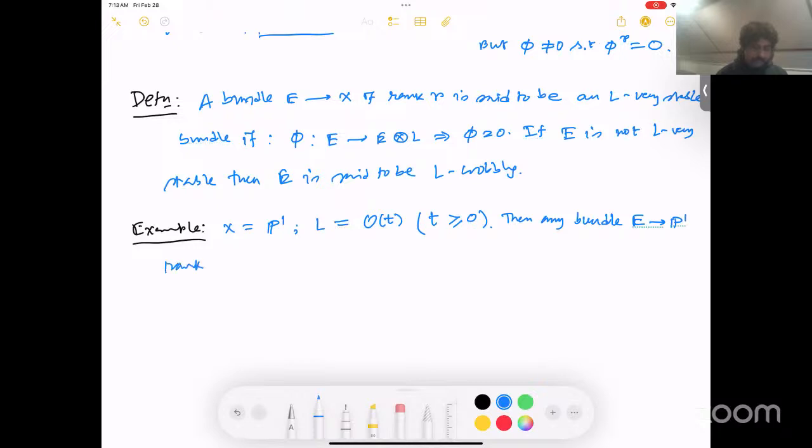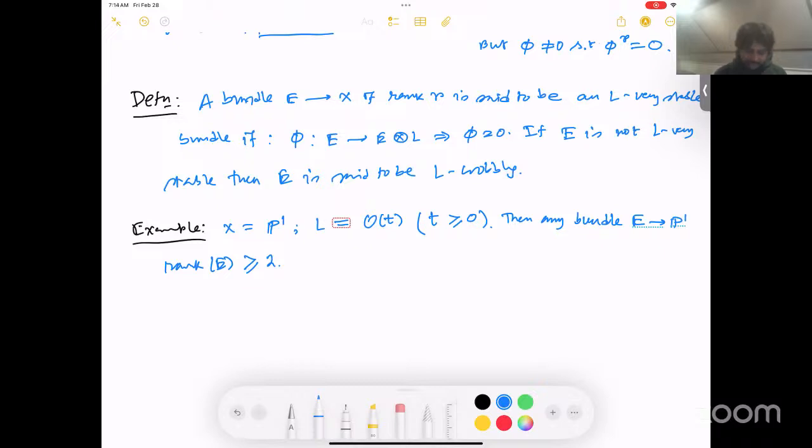So I am assuming rank of E greater than or equal to 2 because we don't tackle the line bundle case, because line bundles are always very stable, because if you just consider the morphism phi, which is just taking value in L, and phi is 0, that means phi is 0.